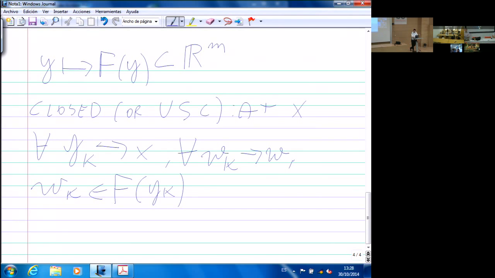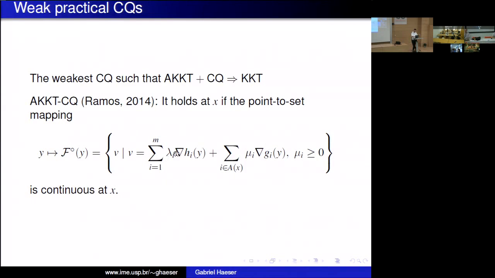In fact, I take a convergent sequence. The upper semi-continuity or closedness of this point-to-set mapping simply says that w belongs to F of y, the limit of yk. Okay, so this is upper semi-continuity or closedness of this map, and in this case, since these are continuous functions, you have in fact lower semi-continuity also, so it is what is usually called a continuous point-to-set mapping.